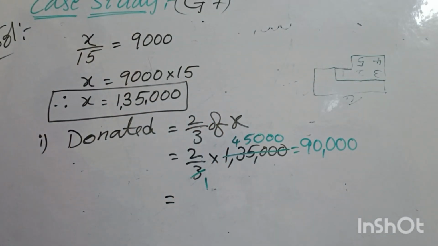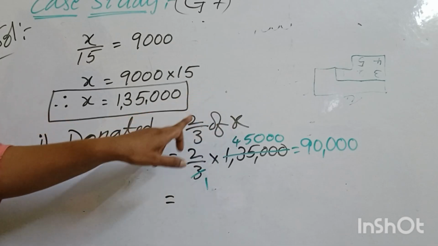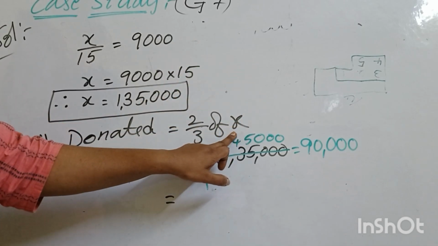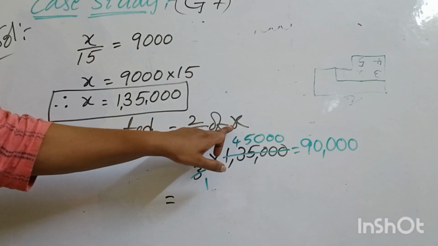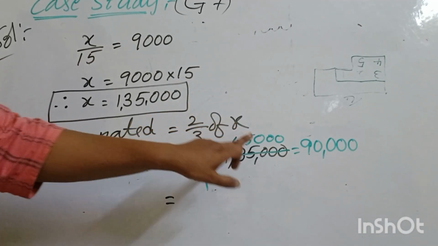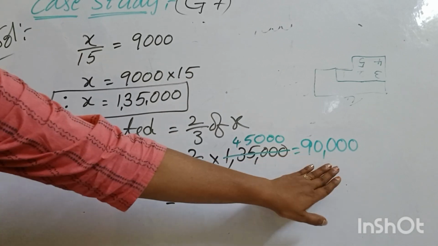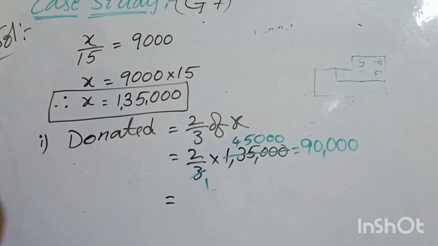Before we didn't know x, that is the reason I was not able to find it. But now I got the salary, so with the help of that salary I found 2/3 is equal to 90,000 rupees.